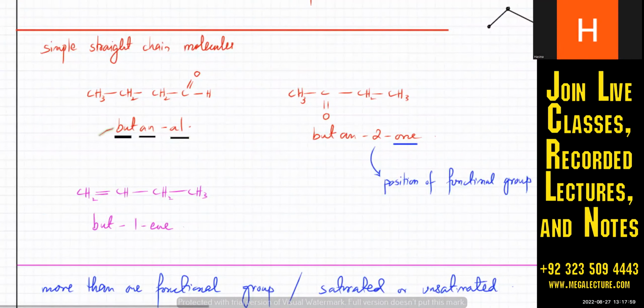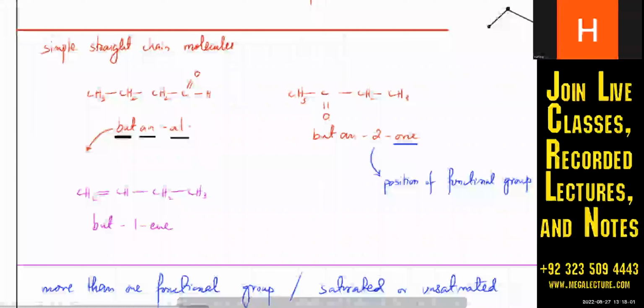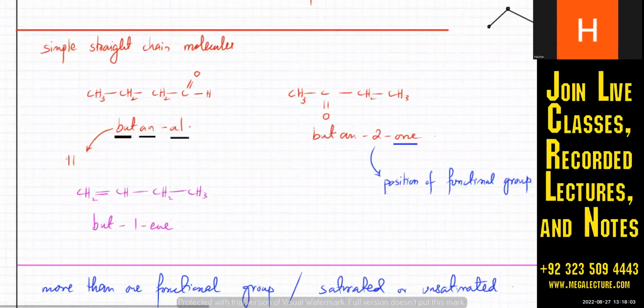The first part is the number of carbon atoms. The last part is the functional group. What is the middle part?